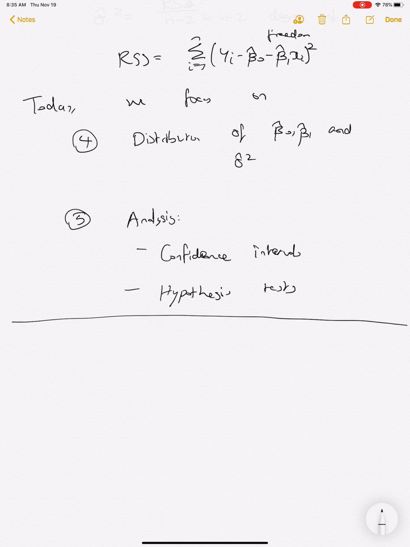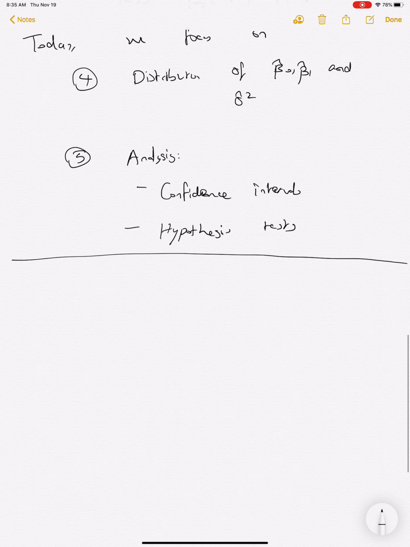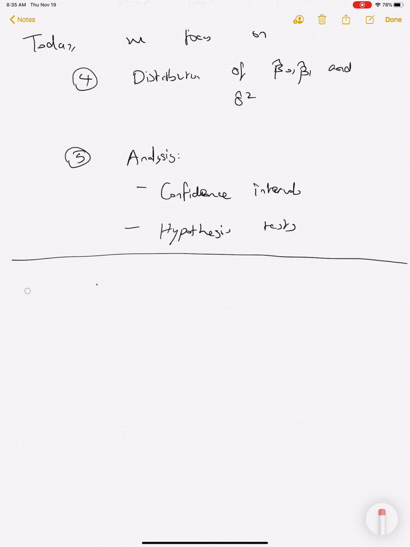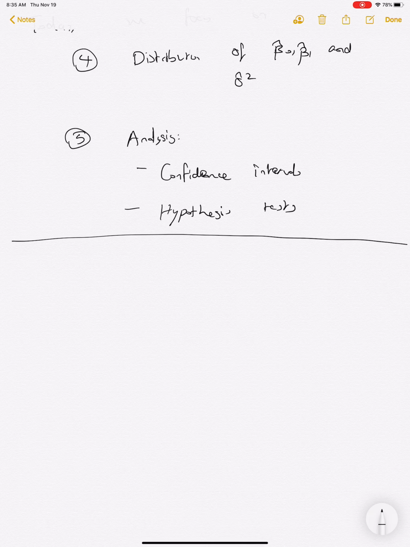One thing I wanted to clean up first was what we finished talking about in the previous lecture: that beta hat 1 can be expressed like this.